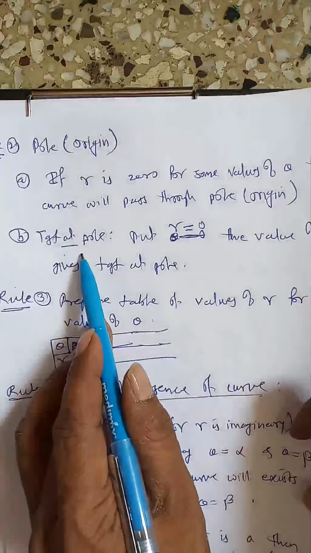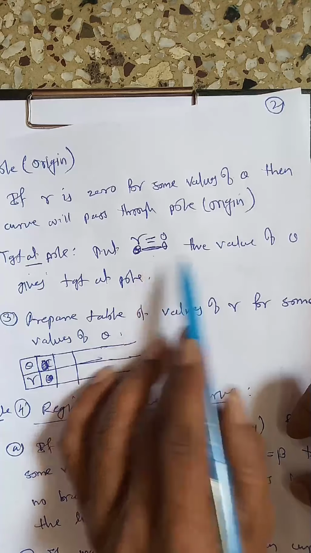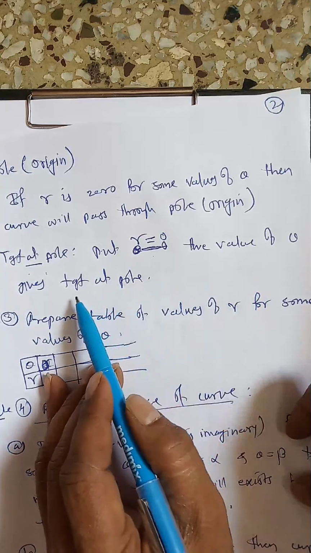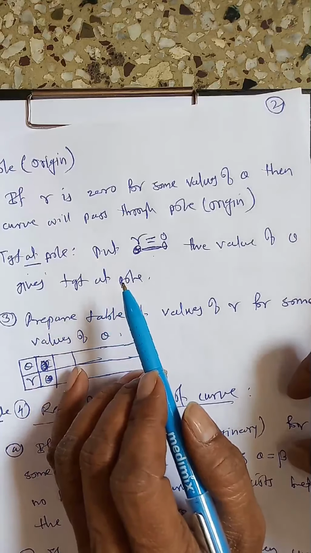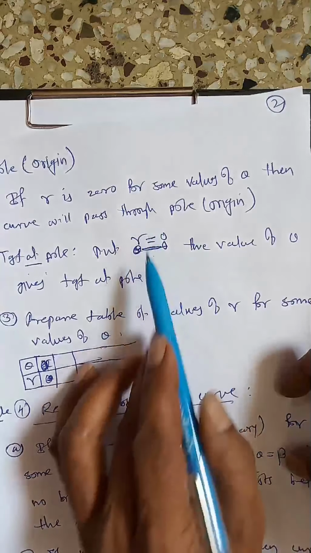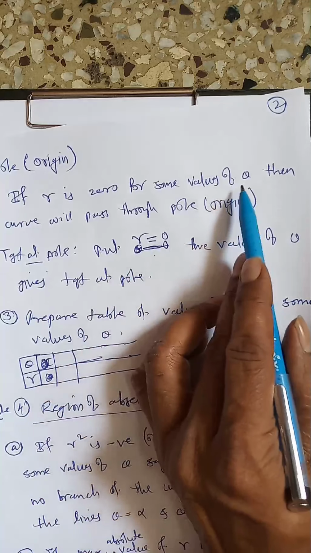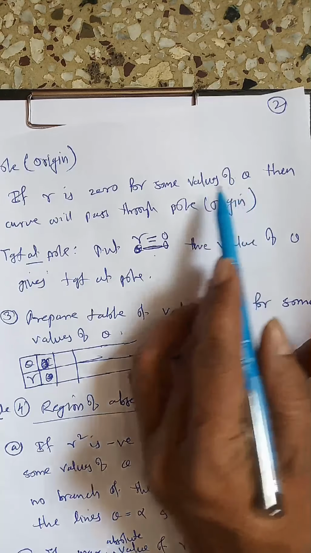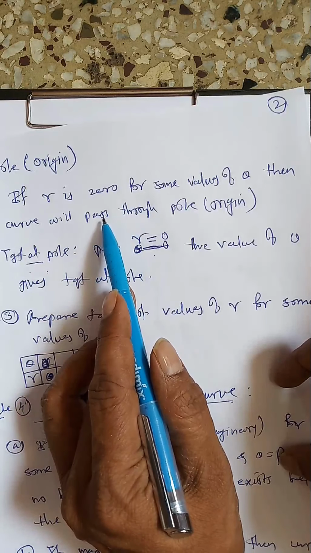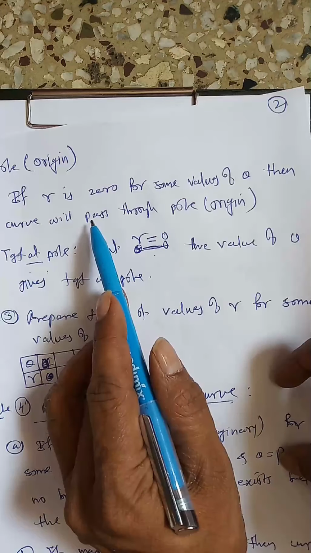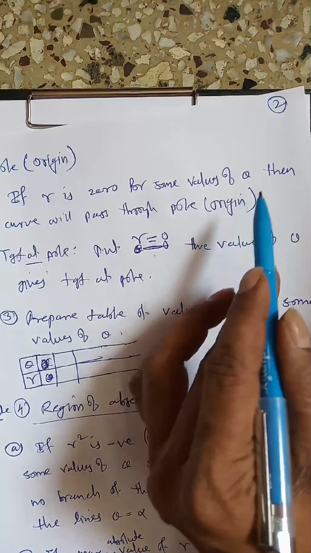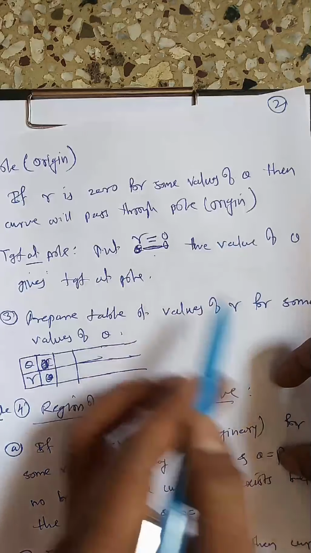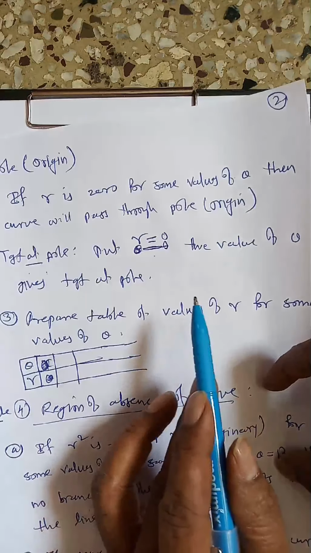To get the tangent at the origin, there's a simple rule: substitute r equals 0, and the value of theta gives the tangent at the pole. Actually these two are similar. If for some value of theta, r is 0, it means the curve passes through the pole, and that value of theta is the tangent to the pole.